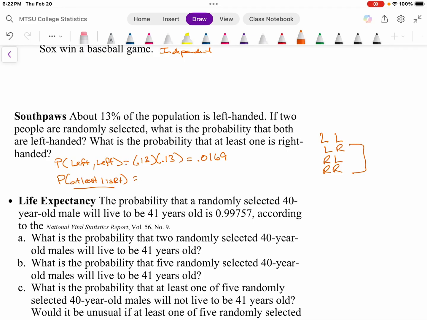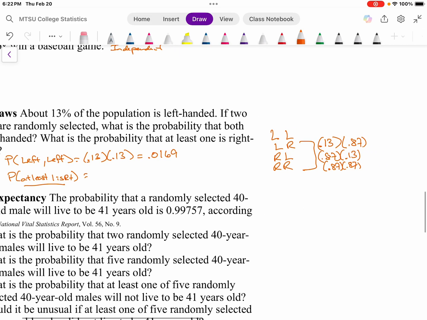So we could find those probabilities: 0.13 times, if you're not a lefty, that means you're a righty, so that would be 0.87. Then 0.87 times 0.13. And then this one would be 0.87 times 0.87. And then I would get those three answers and add them up. And that would be the probability of at least one.